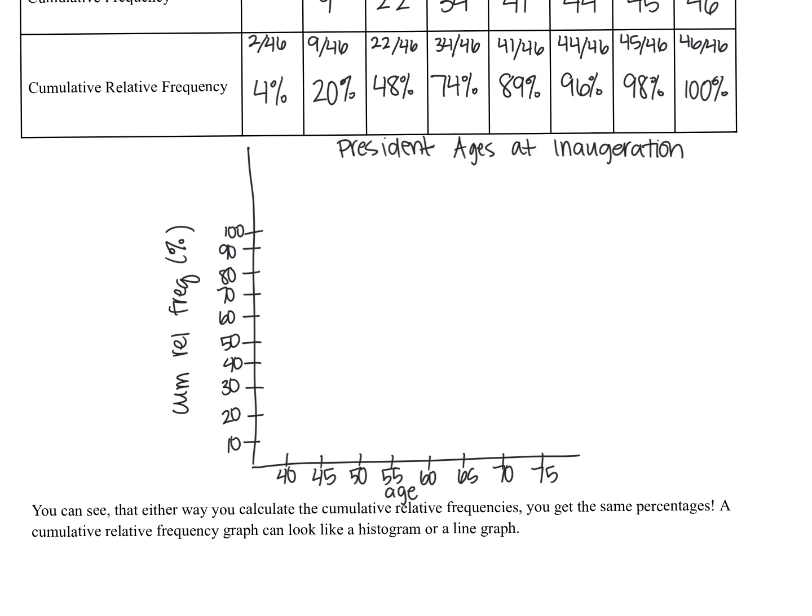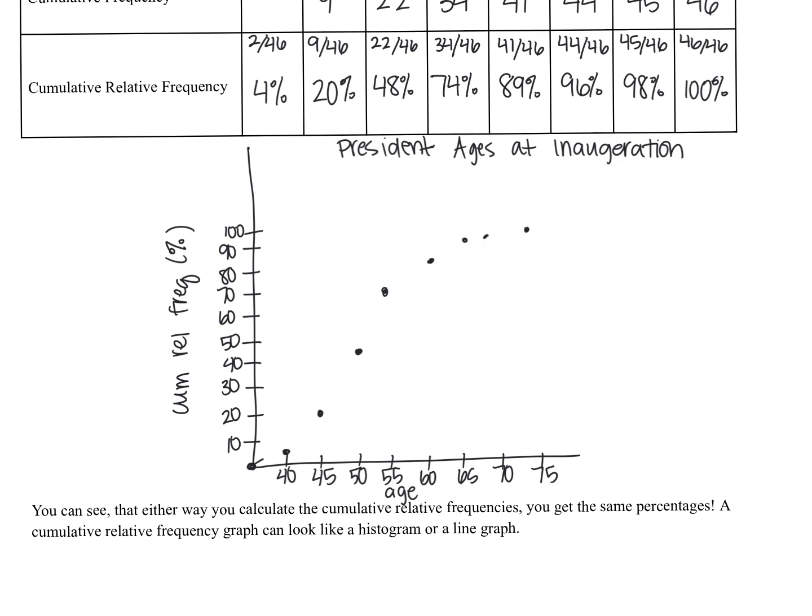And now I graph my frequencies. So obviously you start at 0. We're going to do 4% again. Now we're going to do 20, 48, 74, 89, 96, 98, and 100.